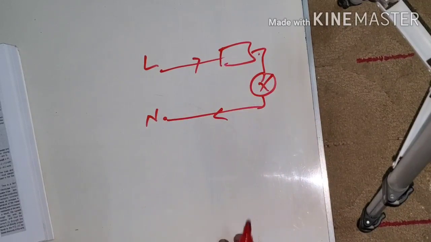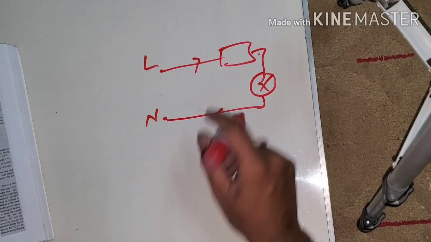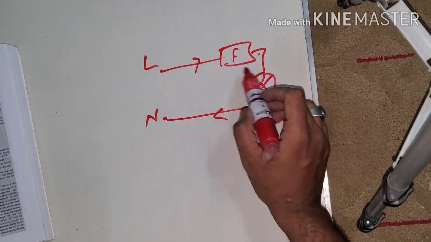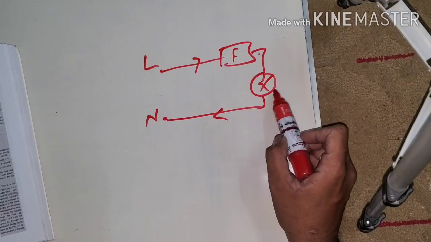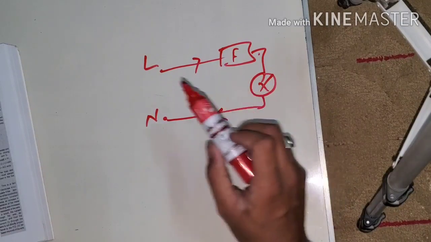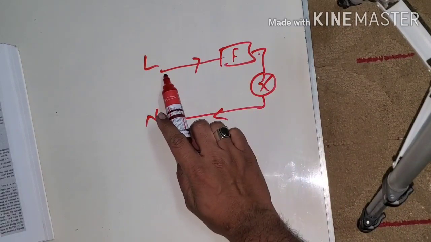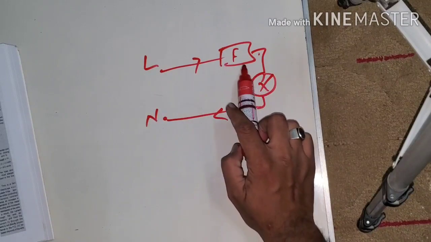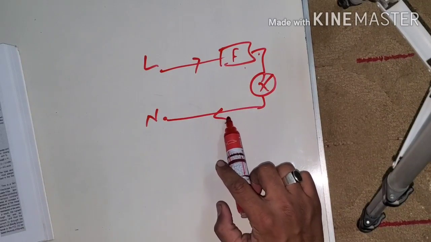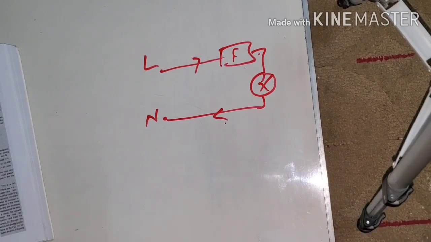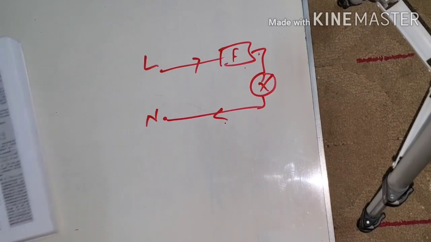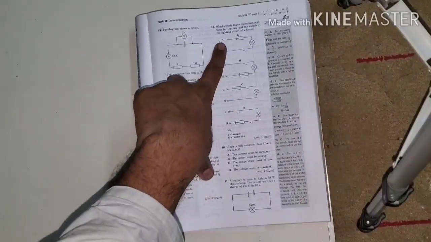The logic of the fuse is that it prevents a high amount of current flowing through the main device, in order to prevent it from burning. So the fuse should be connected to the live wire before any device. If it is connected after any device, its work will be useless for us. So the correct option will be A.